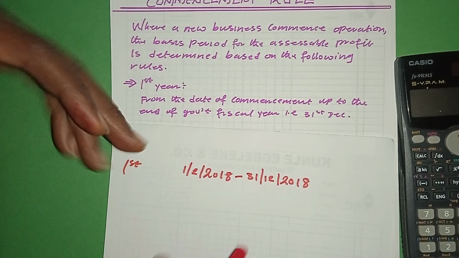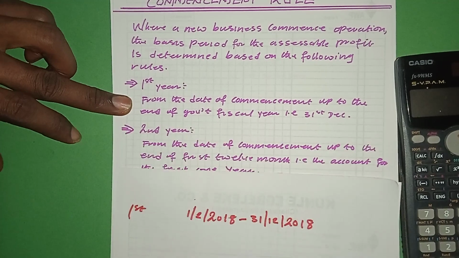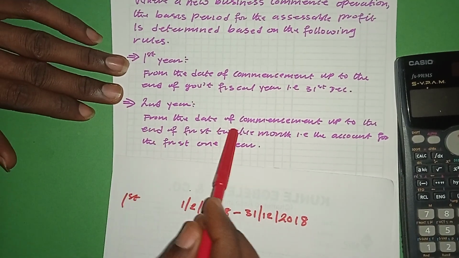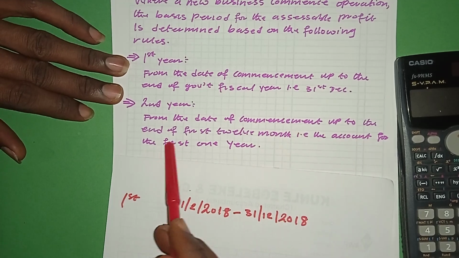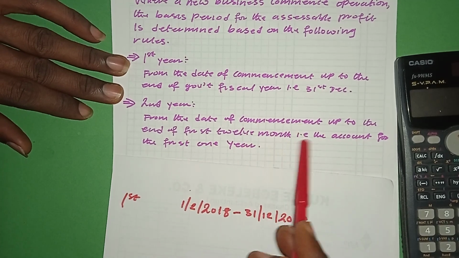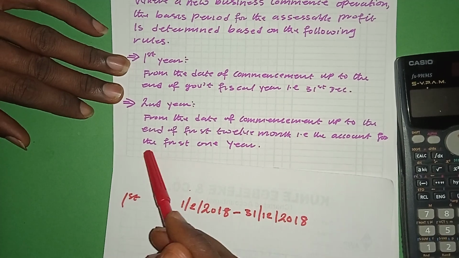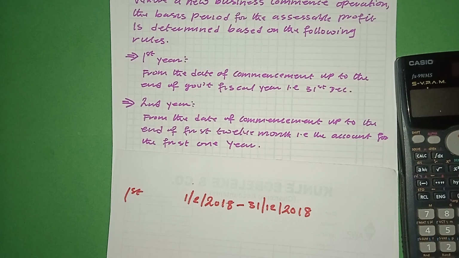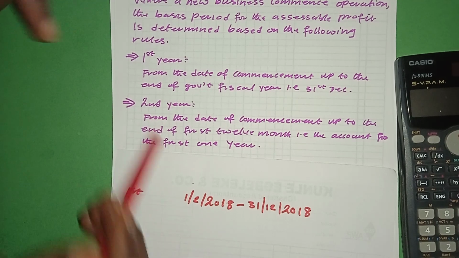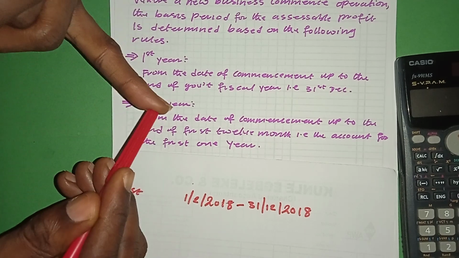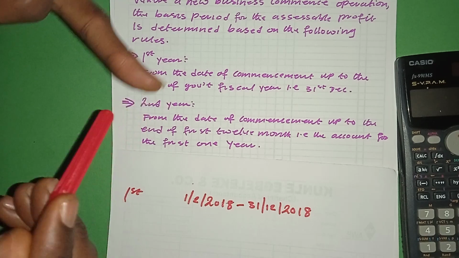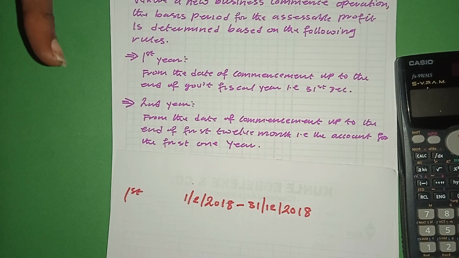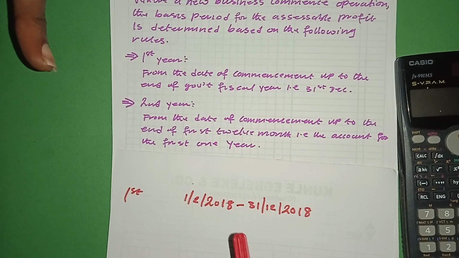Now, we are still going to use this example. The second rule says from the date of commencement up to the end of the first 12 months, that is the account for the first one year. From the date of commencement, you count 12 months.